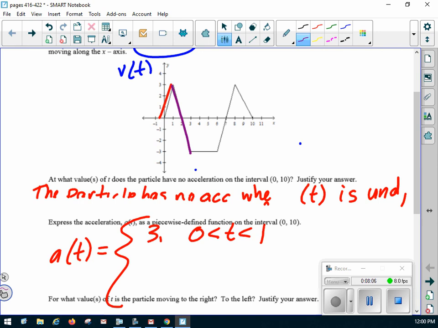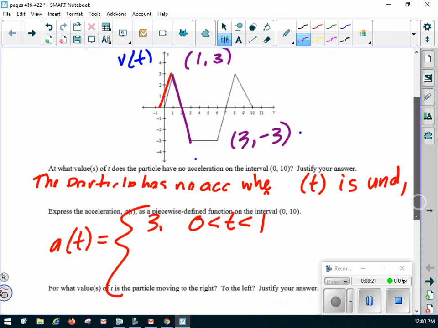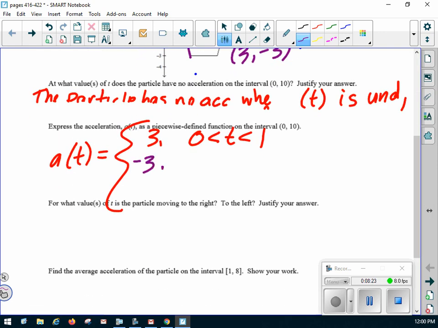What about the purple piece, where we go from (1, 3) to (3, -3)? So between 1 and 3, it's -3. And you notice that we are not including those, quote, endpoints in there because the function's not differentiable there.